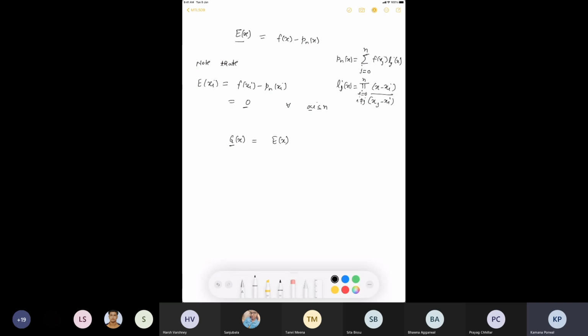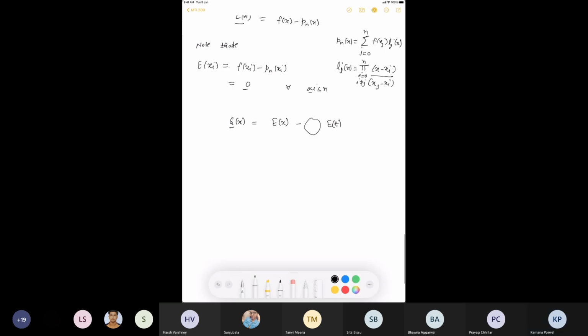So I'll subtract some term times e of t. If this function takes the value 1 at x equal to t, then g at t will be 0. And g at xi should also vanish, so what should I multiply here?